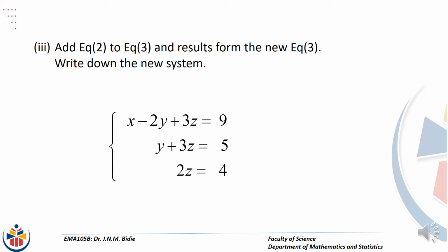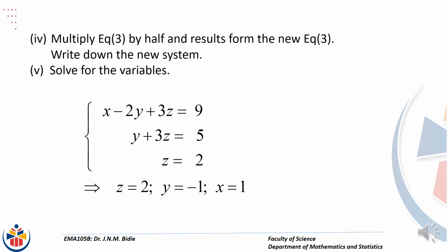And then thereafter we work it out, and here we realize that we can solve for z. Even at this stage, you can divide the third equation by 2 and replace equation 3, and then do the back substitution, where you take the value of z, substitute into the second equation, then take the values for y and z and substitute into the first equation.